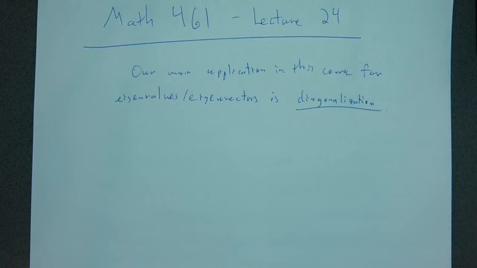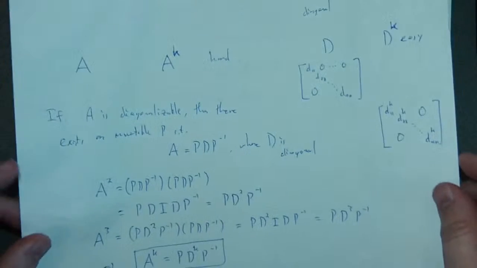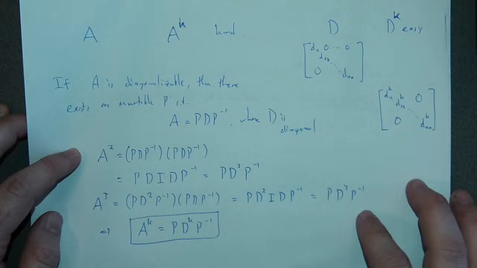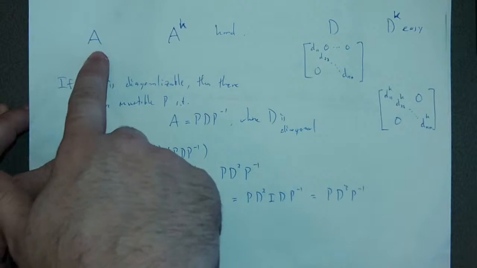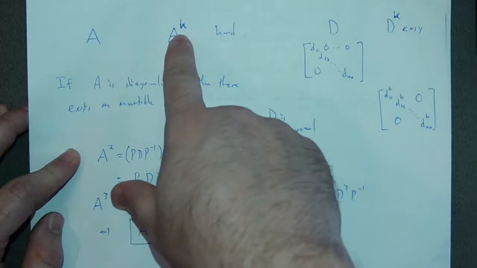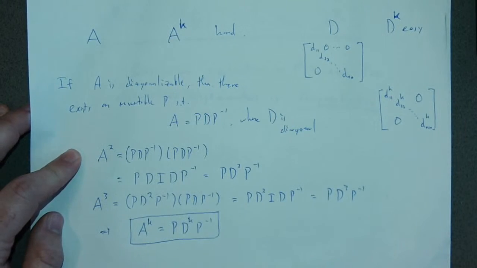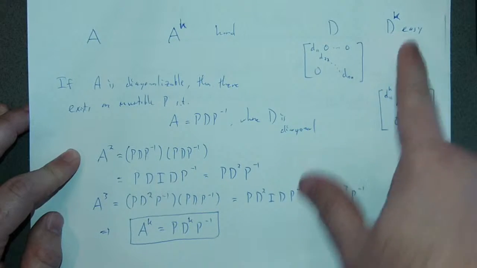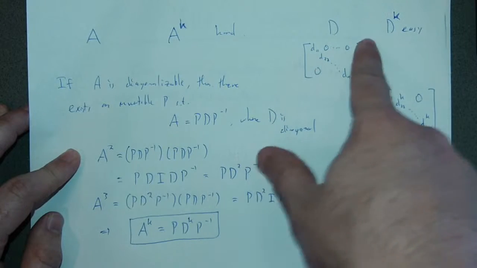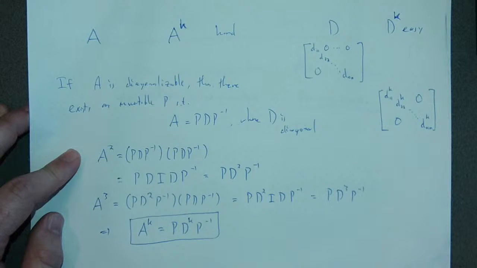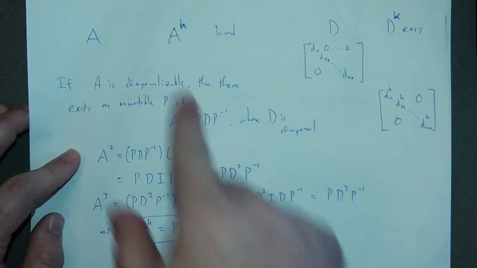The reason why this is important is that we originally wanted, starting with some generic matrix A, to compute A to the K, for some arbitrary power of this matrix. But this is hard, right? This is a difficult thing to compute. But if A were diagonal, this would be easy, as we've already seen. In fact, to exponentiate a diagonal matrix, you just raise the diagonal entries to that power and you're done. So that's obviously really easy. But A to the K in general is hard.